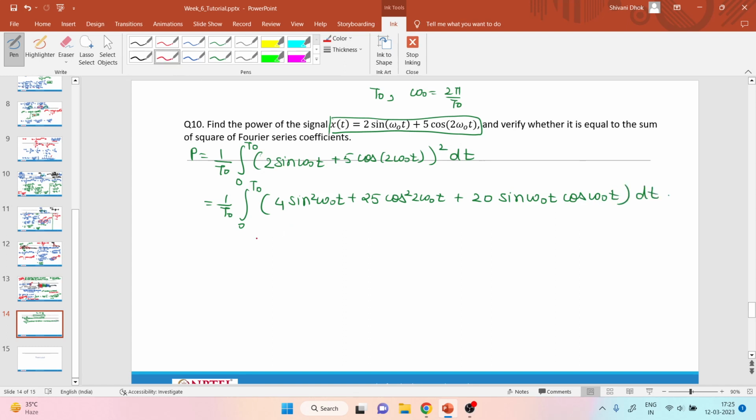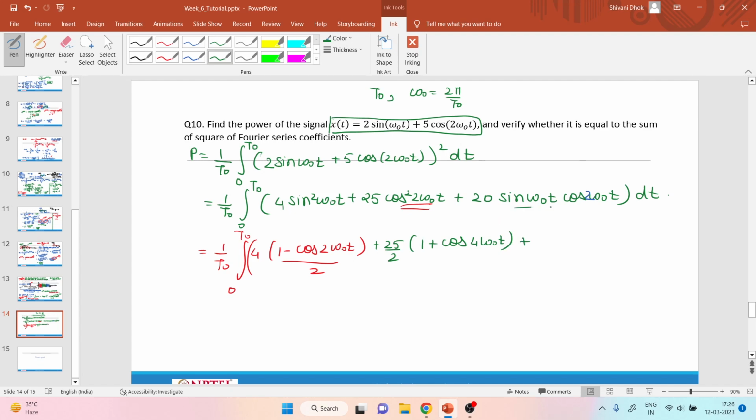Now this sin square omega naught t I can write as 1 minus cos of 2 omega naught t by 2. This part, cos square 2 omega naught t, I can write as 1 plus cos of 4 omega naught t by 2.